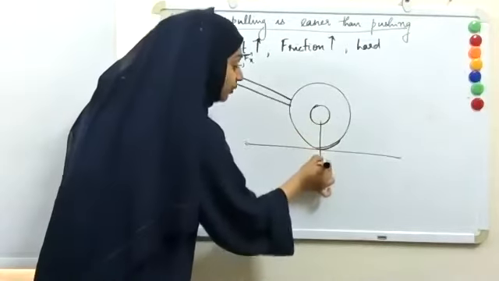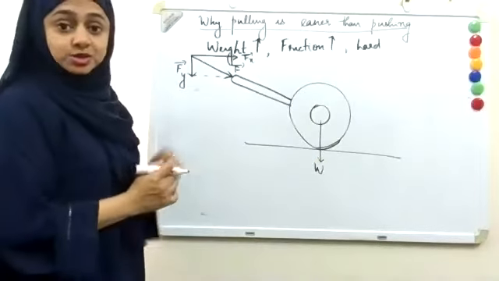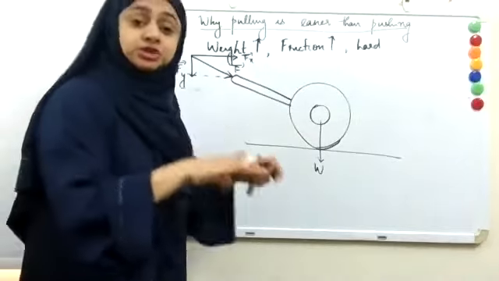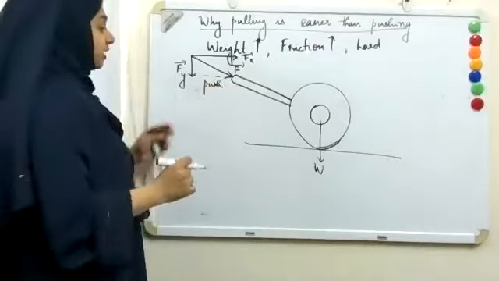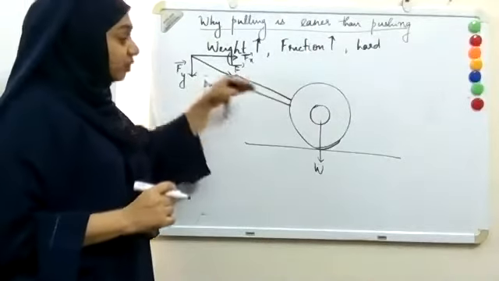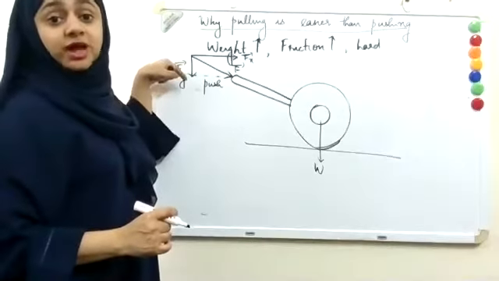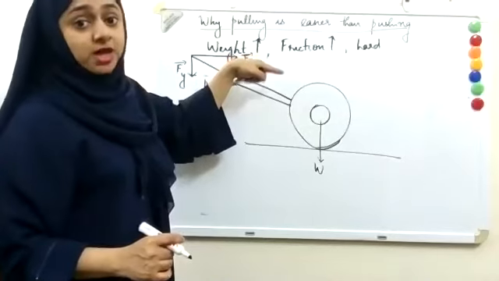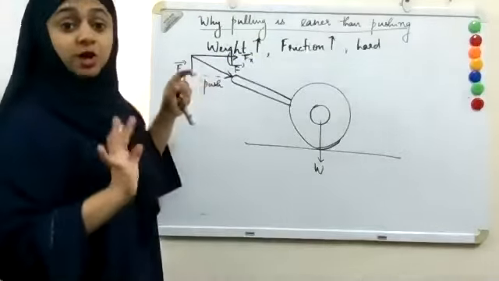And we know that the weight of this object is acting downwards as well. So this is pushing. When we push, a part of the force that we apply is resolved in the downward direction. Only a part will be available in the horizontal direction. So both the weight and this force are in the downward direction.